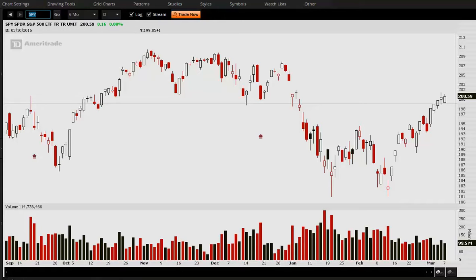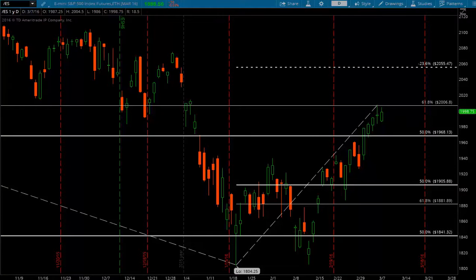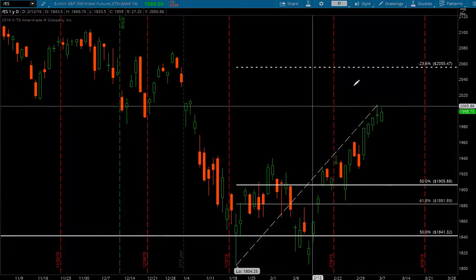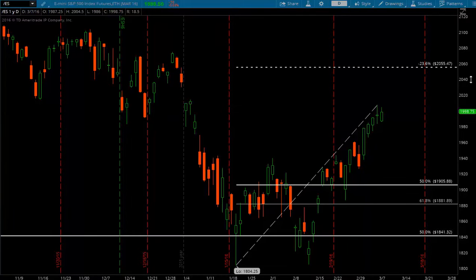So you can enter on a 512 or a 15-minute and then manage the trade on a daily level if we're at a larger level to begin with. So it's all about keeping things in context of the larger time frames down to the smaller time frames. Or you can just trade the 512 tick and not even worry about the larger time frames. But a few different options there for you.